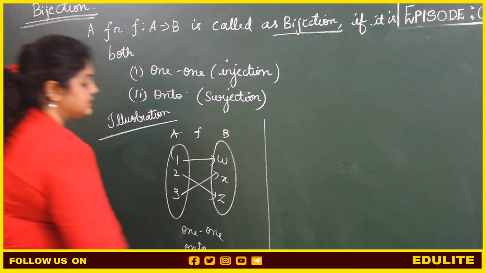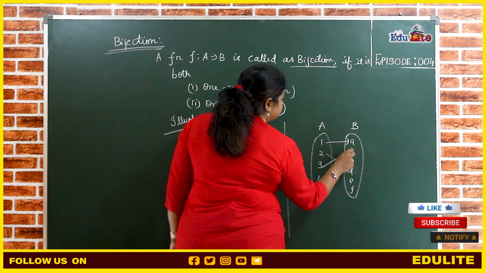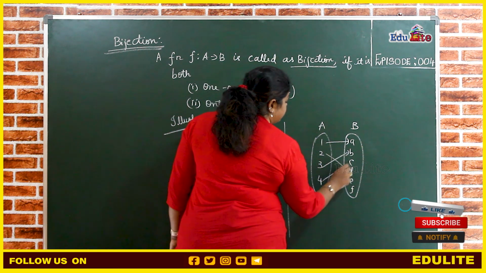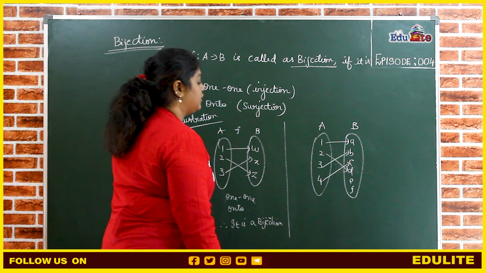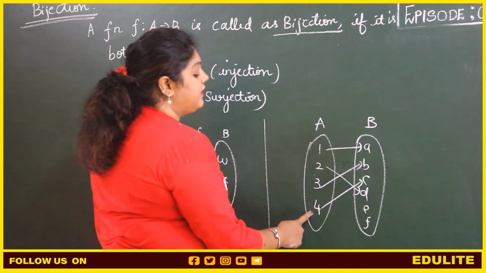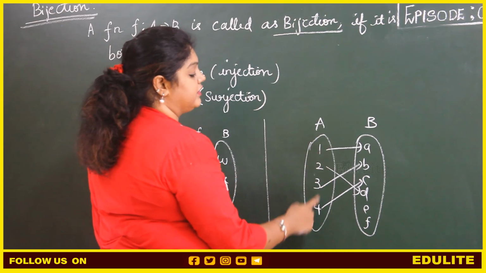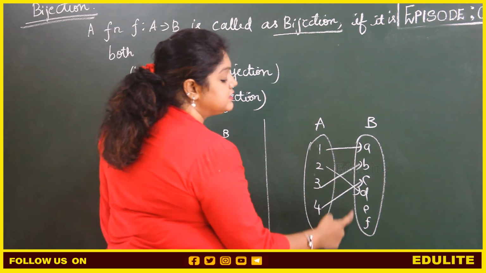Let us see one more example. So 1 is mapped to A, 2 is mapped to D, 3 is mapped to B, 4 is mapped to C. We will check whether this is a bijection or not. This is not a bijection. How do I say this? It is an injection, which means it is a one-to-one function. Every distinct element has a distinct image, but it is not onto.